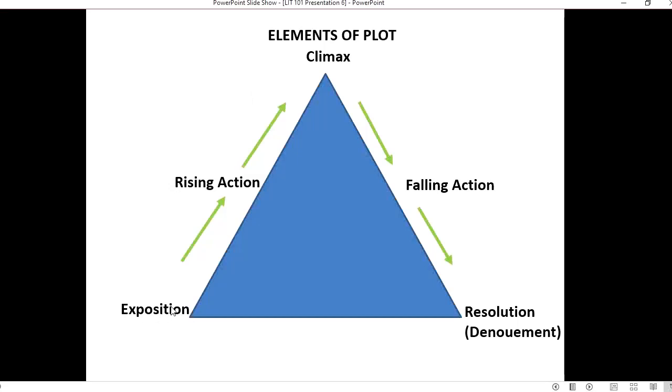Exposition where the reader is introduced to what is there in the story, the background to the story, the setting of the story, the characters we are going to find in the story, and how tension and suspense are built up towards the height of the whole thing, which is the climax. And after the climax, we begin to move down to falling action, and then from falling action to resolution, and then the denouement.